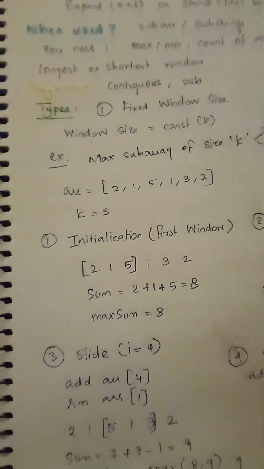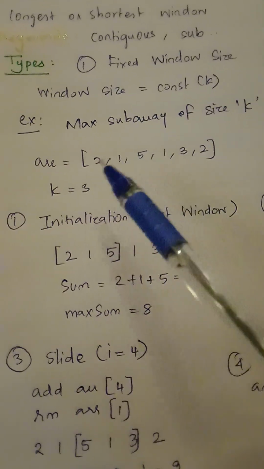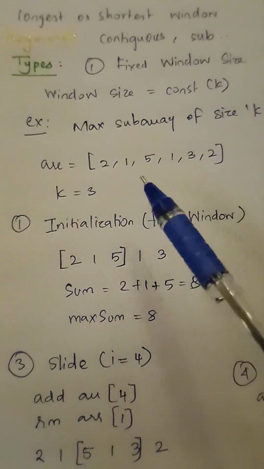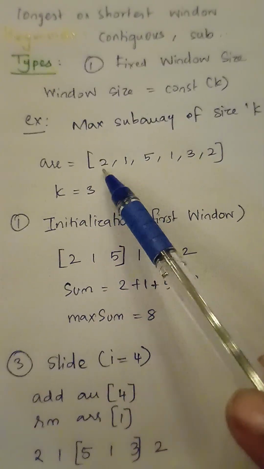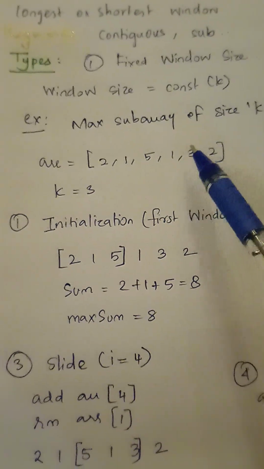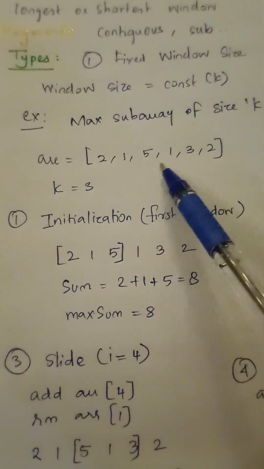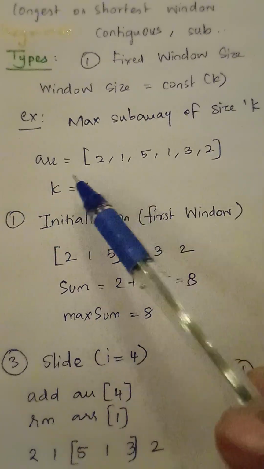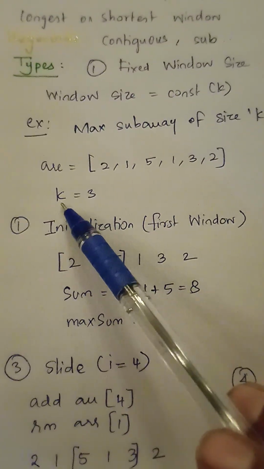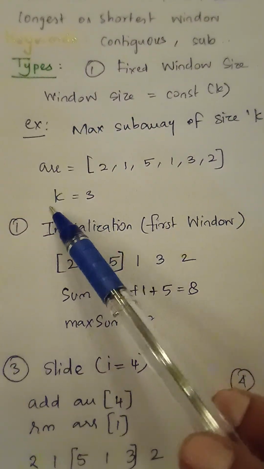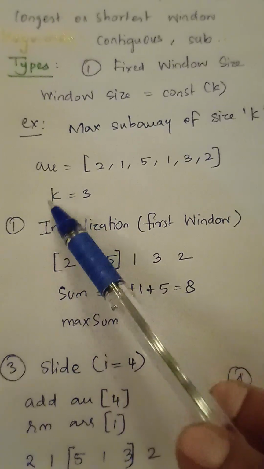So let's see an example. This is a very easy example to understand. We have an array 2, 1, 5, 1, 3, 2. So we have basically 6 elements over here. We need to maintain the window size as 3.